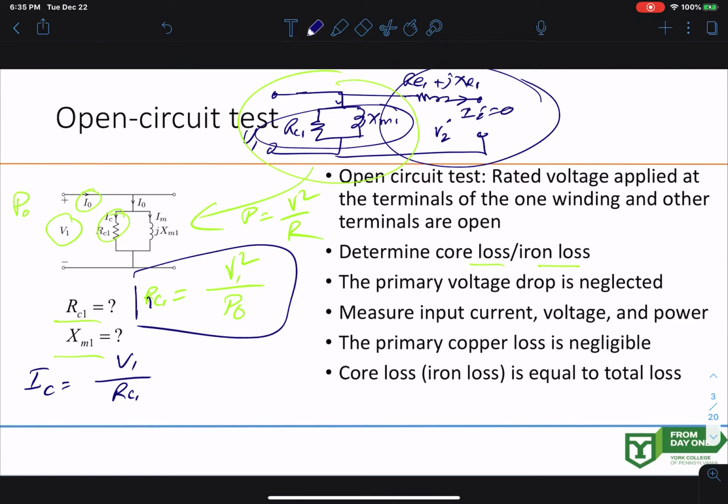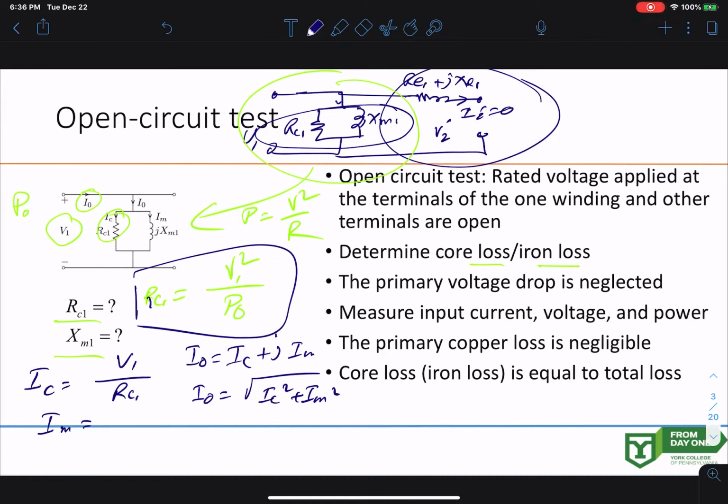Now IC, IM, and I0 are related in vector form. So I0 is basically IC plus jIM. The magnitude of I0 would be the square root of IC squared plus IM squared, right?